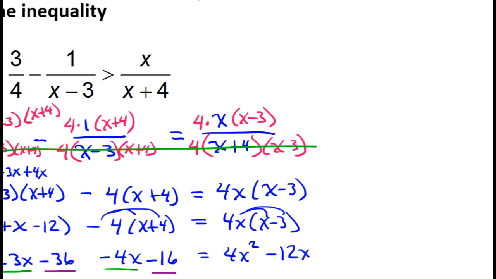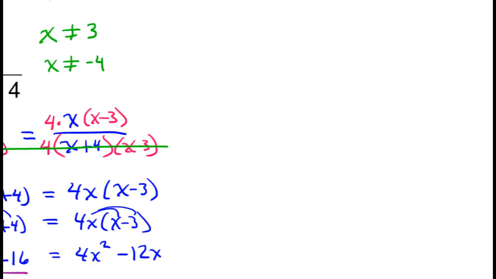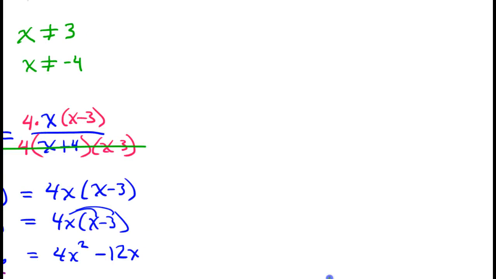And here I see 2 excluded values. X cannot equal 3 because of this, and x cannot equal negative 4 because of that. So I still have these 2 excluded values to put on my number line. So that's all I've got, so that's what I'm going to do.